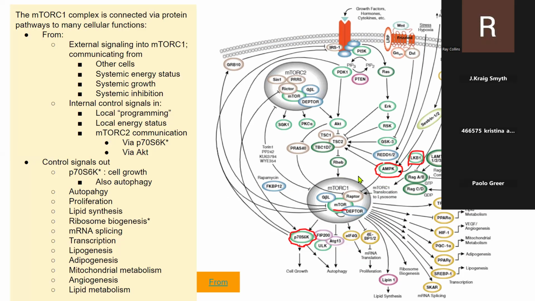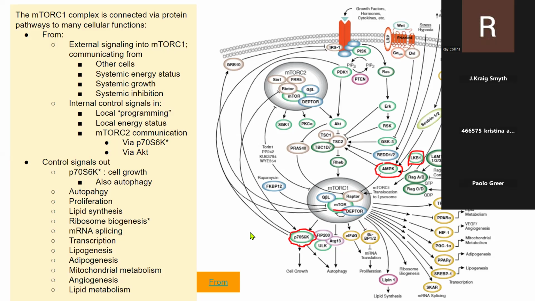And this mTORC1 takes signals from outside the cell, and it gets processed through some of these other proteins and changes how it reacts based on signals from outside the cell. And it also takes signals from inside the cell and local energy status, which comes from the AMPK, and communications from mTORC2, which is another key regulator. And these two talk back and forth to each other quite a lot.